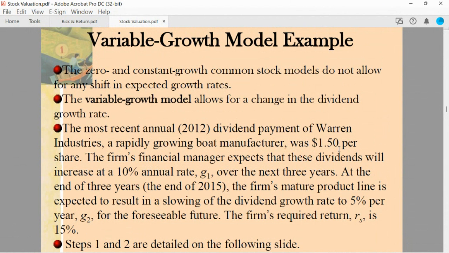So you can already anticipate that there is a rapid growth period, and then after that, a constant growth period or slow growth period. So that was $1.50 per share. The firm's financial manager expects that these dividends will increase at a 10% annual rate, G1.